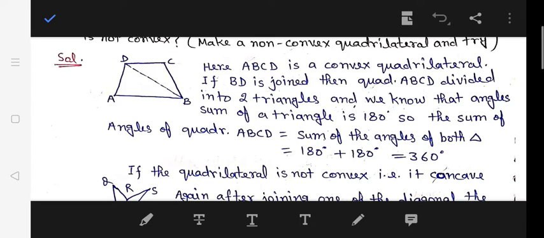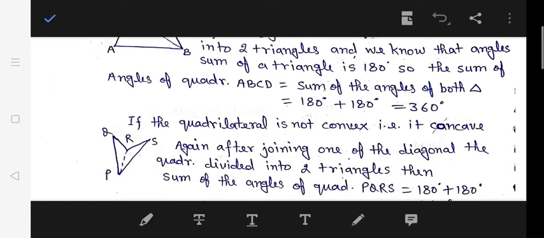And all of you know that the sum of the angles of any quadrilateral is 360 degrees. So here it is 360 degrees. Now in the question it is given that this is true for the concave polygon also. So here I have drawn one concave polygon PQRS, and here I am going to join one of the diagonals, PR. Again you can find that this concave quadrilateral is also divided into two triangles.